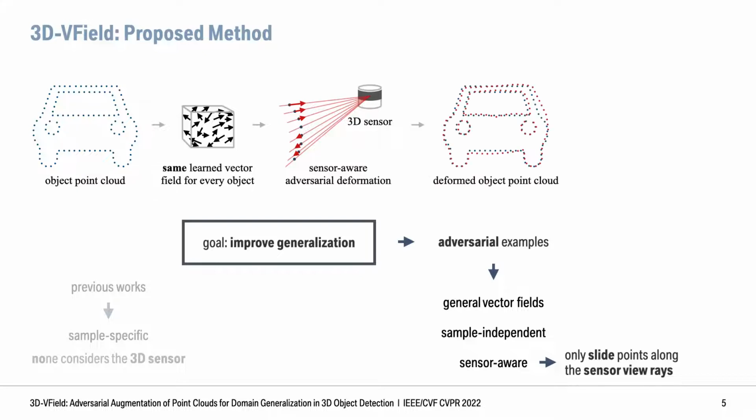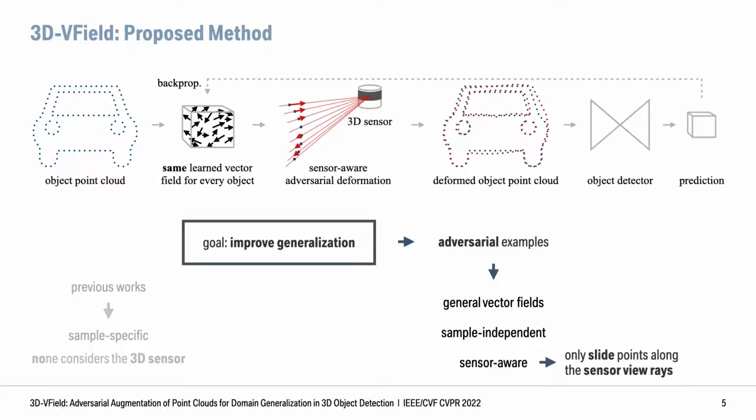This way, we obtain a deformed point cloud. By iterating this process, we learn a vector field, which can be used when training a 3D object detector to deform objects as adversarial augmentation.